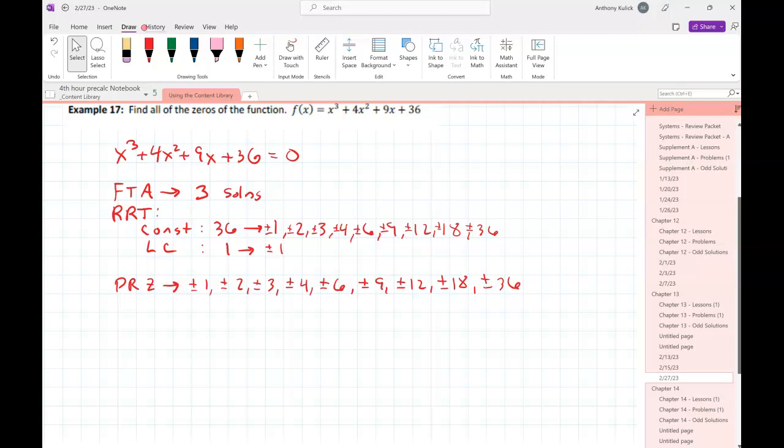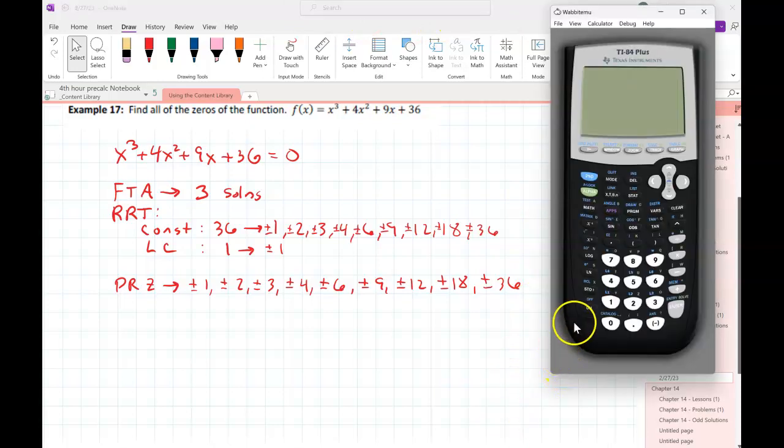Well, that's pretty lousy odds. Can we do anything to narrow this list down a little bit more? When I was a student, this process was quite tedious and not so fun. You guys as a student have a much more powerful tool than I had. What you would want to do is you just want to type your function into your graphing calculator.